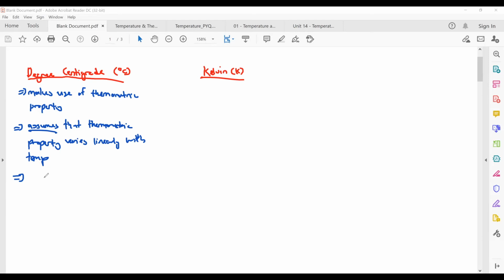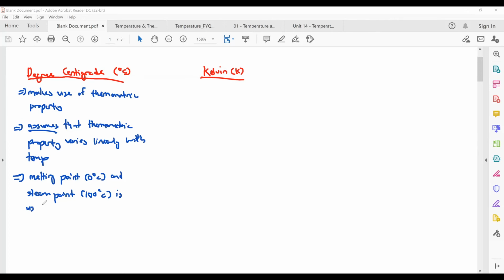Then the other thing you need to know is that the two reference points used are usually your melting point and steam point. The reference point is melting point at 0 degrees centigrade and steam point at 100 degrees centigrade.